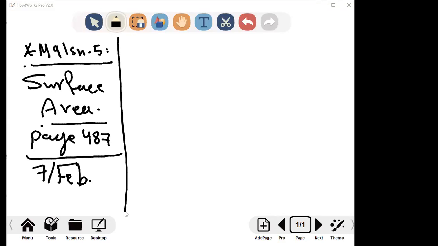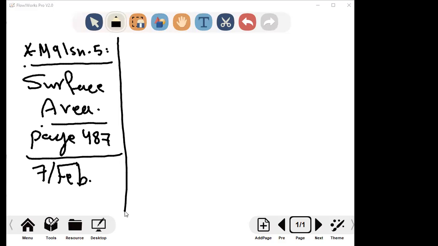It has how many faces? 6 faces, including the bases, right? We have 1 up, 1 down, and 4 around. So I need to find the area of each one of them. Now, each face is a rectangle, right? And the area of the rectangle is length multiply width.